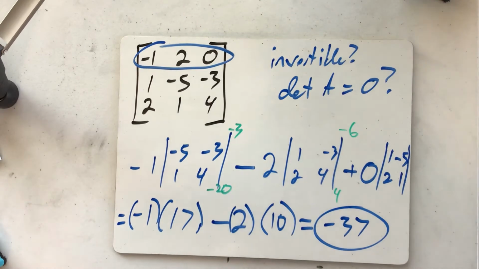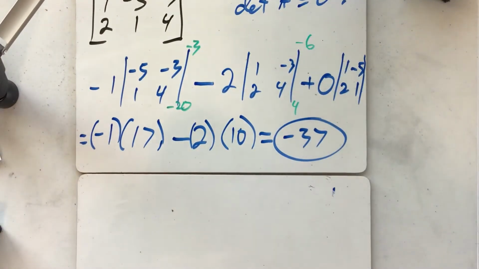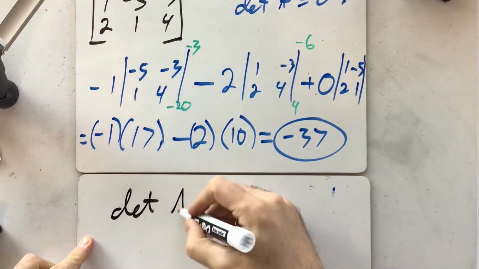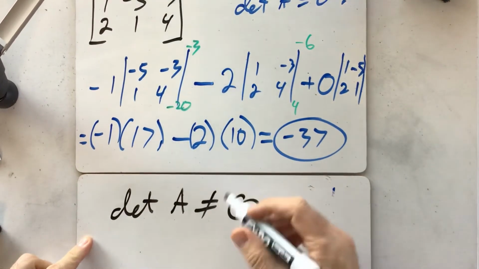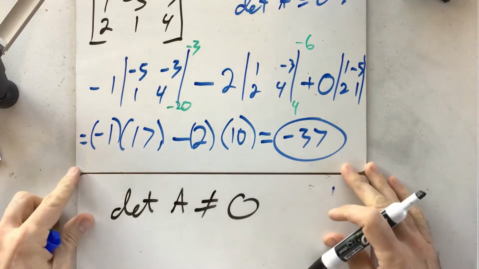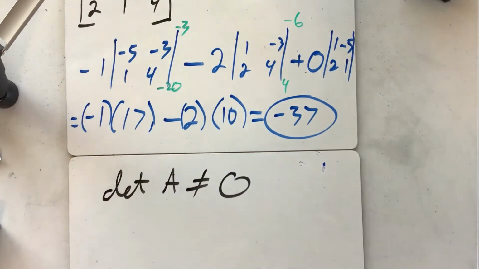The number could be any number we want, but here's the important final result. Is this invertible or is it not invertible? Well, this is not 0. So the determinant of A was most decidedly not 0. It was -37, and I don't think there's any way, even if I made an algebraic mistake, that I could have made a mistake so bad that this answer would have ended up 0.